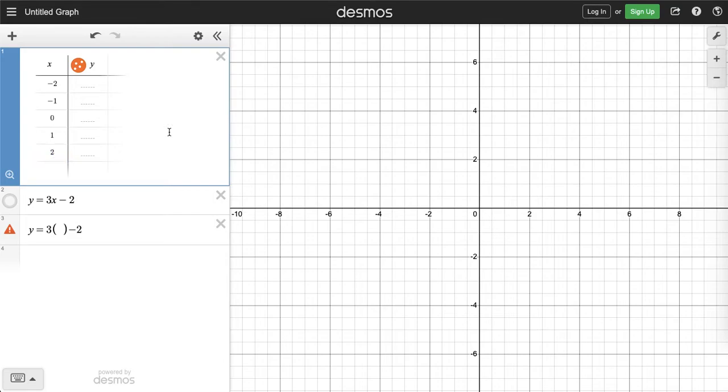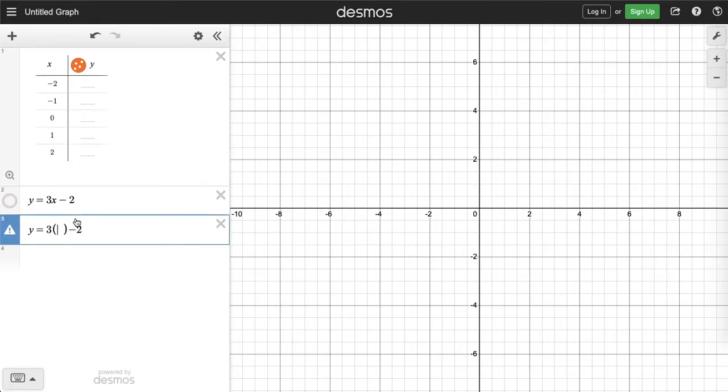Now, when I include 0, that gives me something very helpful, because if I was to put in a 0 here instead of x, you see that I get y is equal to -2. That's because when we substitute in 0 here, that gives us what we call the y-intercept, because it's when x is 0, which really is just along the y-axis, it gives us what the y value is going to be.